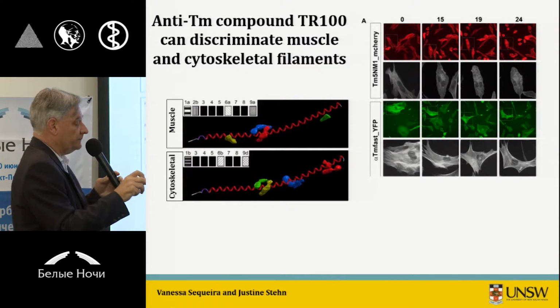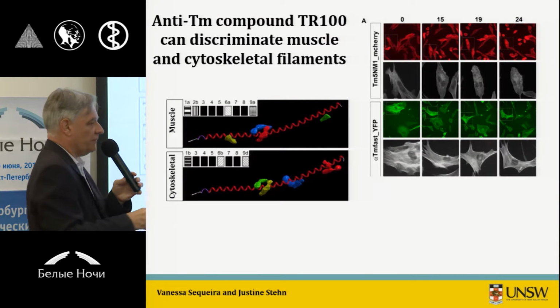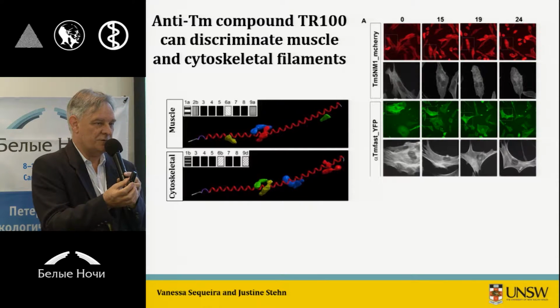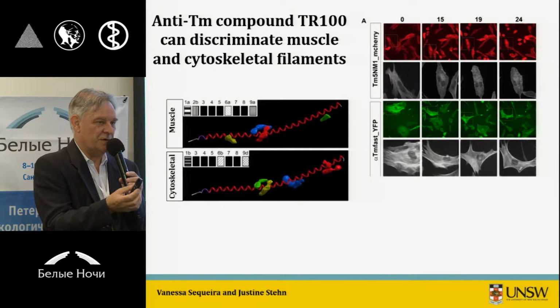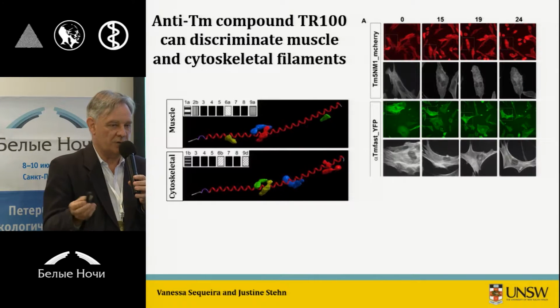On the other hand, the muscle tropomyosin from the heart, the diaphragm, is completely resistant to the drug. So what that's telling us is the drug knows the difference between the tropomyosin in a tumour cell and the tropomyosin that's present in the heart or the diaphragm.